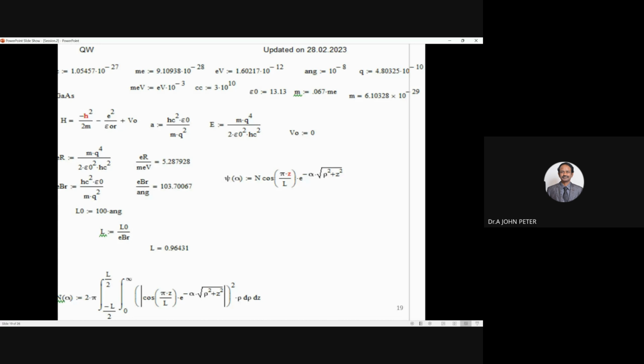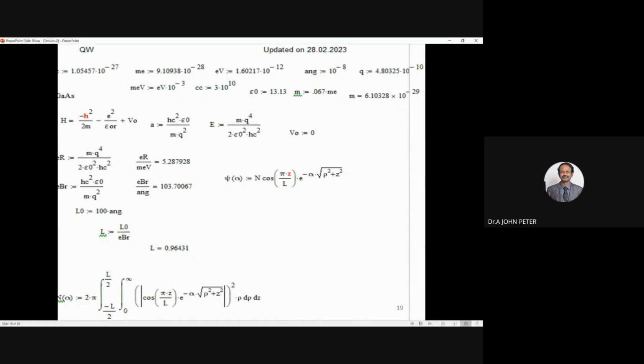Of course you can do it either way, it doesn't matter, but I want to differentiate. Here I have taken cylindrical polar coordinates, rho, phi, z. Z goes from minus L by 2 to plus L by 2. Rho is 0 to infinity.